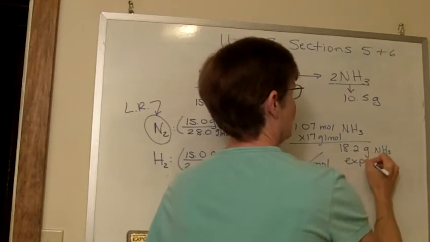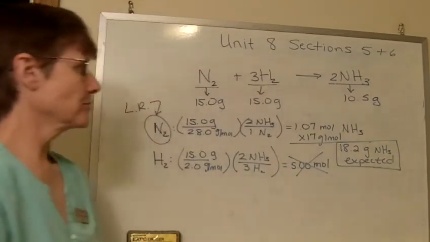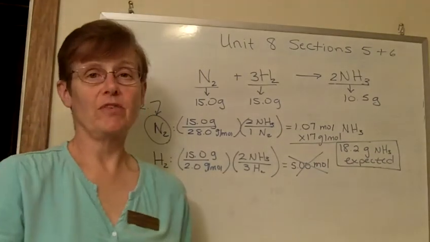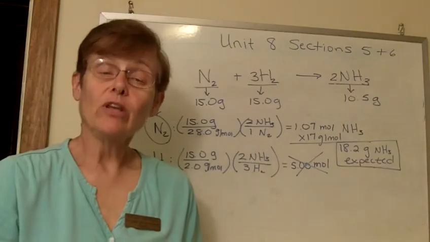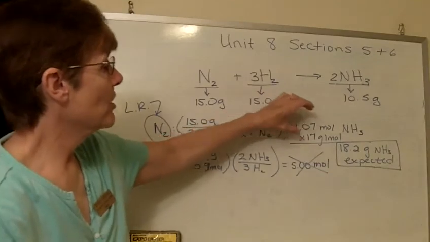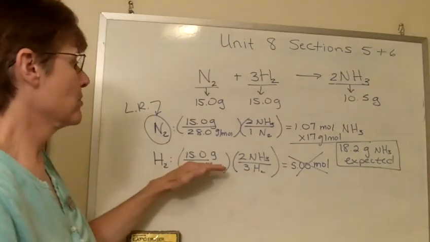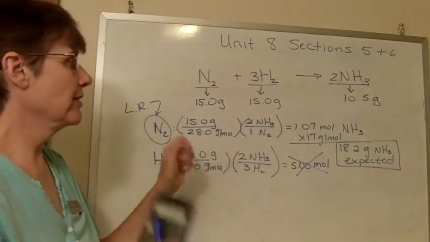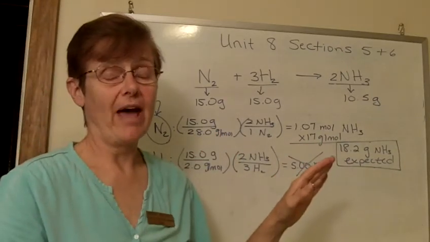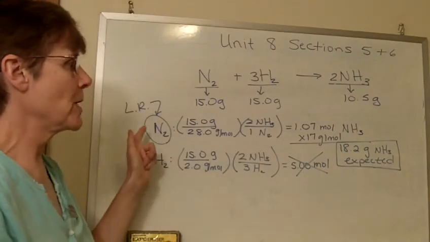And we will say that that is the expected yield. We would expect this reaction to yield 18.2 grams of NH3 using the same procedure that you've been using before. See, we converted to moles, we multiplied by a mole ratio, and then we multiplied by the molar mass of NH3. Now we had to go through this process with both of them to figure out which one limits the amount of product, and therefore to figure out which one needs to get multiplied by its molar mass. So we can't make 5 moles of product, so we just scratch that because this will run out first.